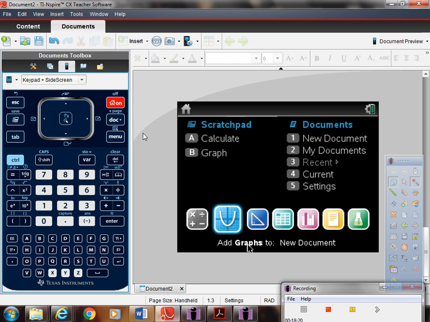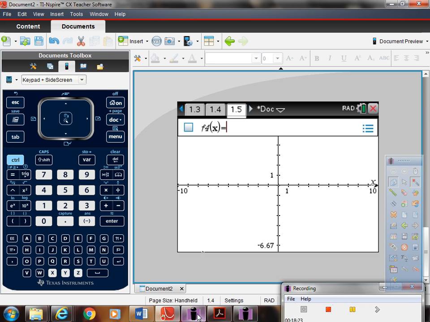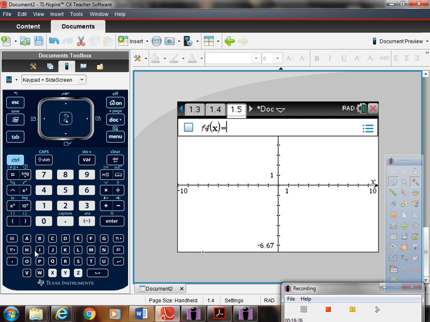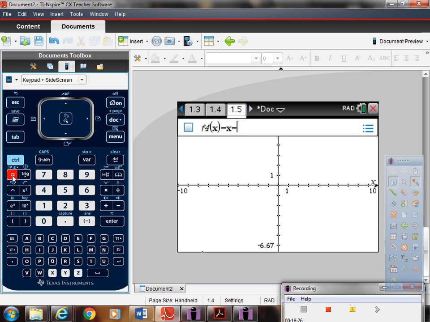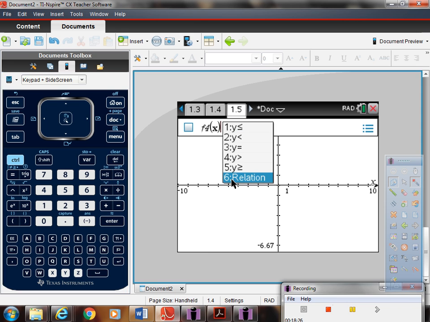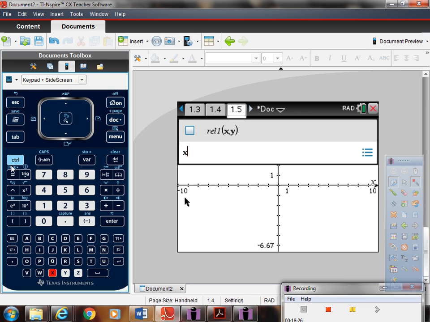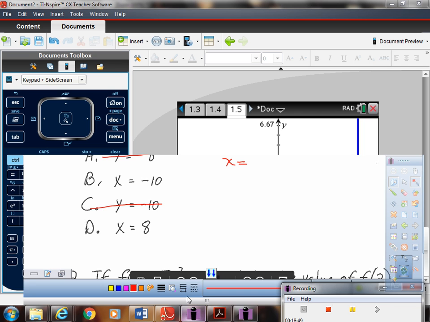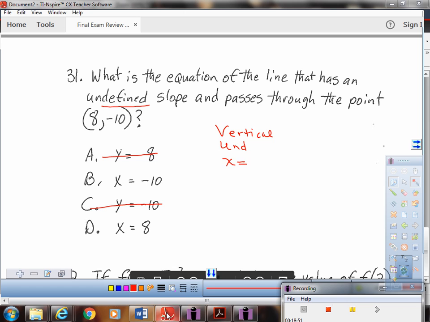Yep. If you go and graph the last one, which is X equals 8, wait a minute, use relation. X equals 8, you'll see it is a vertical line. And then if you want to, you can go to the table, you can see if that point is in the graph. So 8, negative 10.